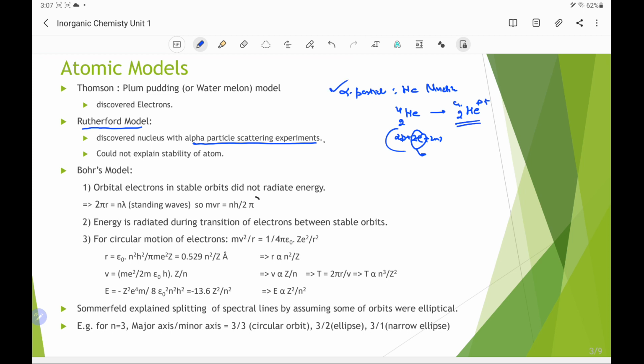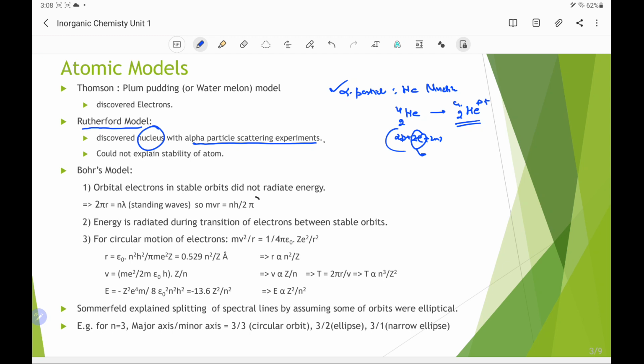In the alpha particle scattering experiment, it was observed that most of the alpha particles pass through the gold foil without any deviation, representing that most of the space of the atom is empty. Some deviate by a very small angle and very few deviate at 180 degrees. This explains that total mass and total positive charge is concentrated in a very small region that was called the nucleus.